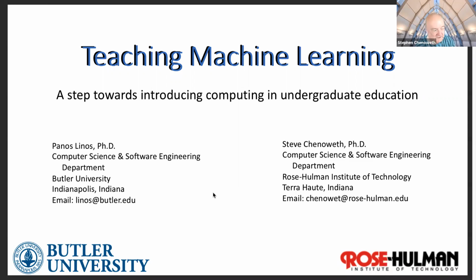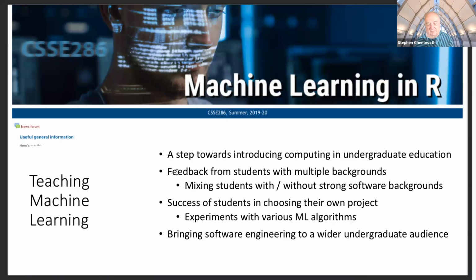The course that we did it on is called Machine Learning in R, and it's a way of introducing computing to a wide audience. So this represents a summary of some of our work studying how the students perform in this course.